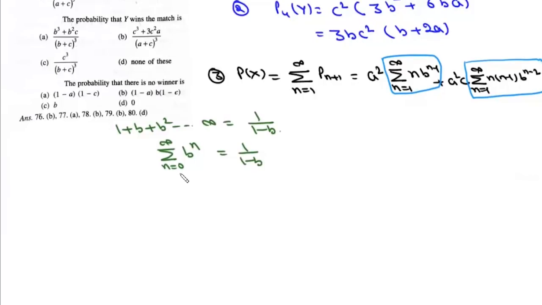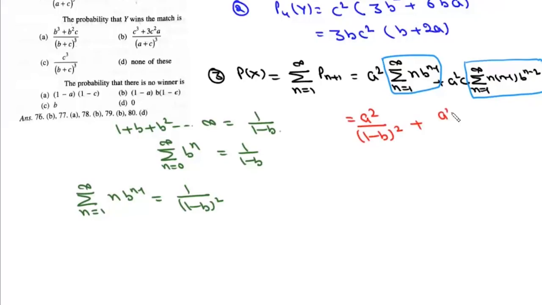Now we differentiate both sides with respect to b, and we get the summation, n varies from 1 to infinity, n b to the power of n minus 1, equal to 1 upon 1 minus b whole square. So the expression for the first series will be A square upon 1 minus b whole square.